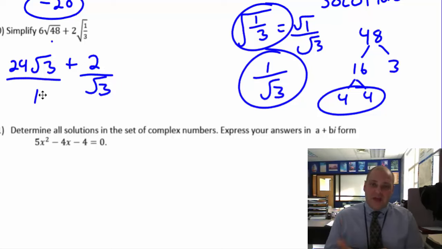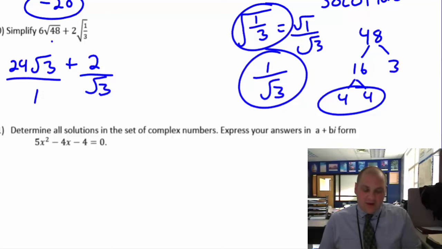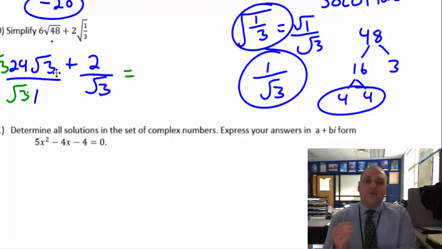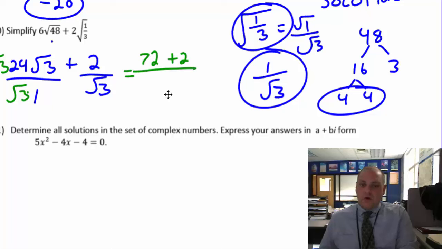The problem is I don't have a common denominator. To get a common denominator, I have to multiply by the denominator, radical 3. So I'm doing that here. That gives me radical 3 times radical 3, which is 3. 3 times 24 is 72, and then plus 2 over radical 3.